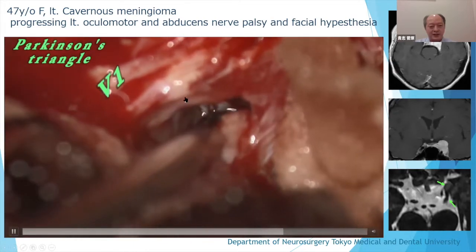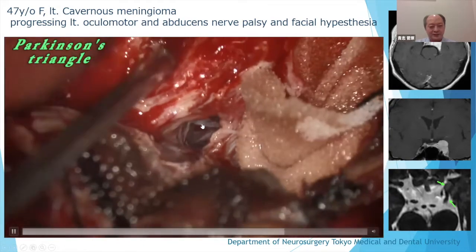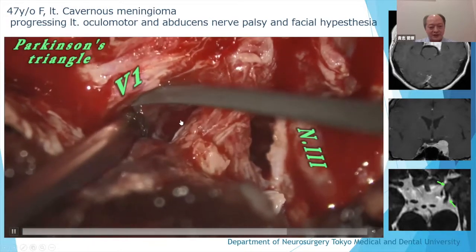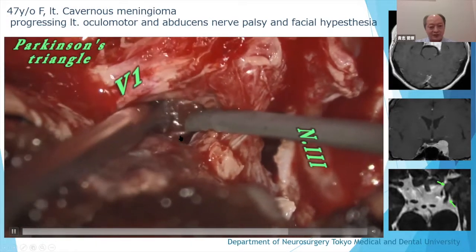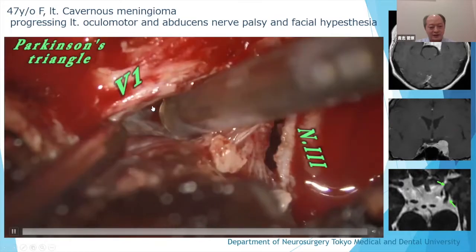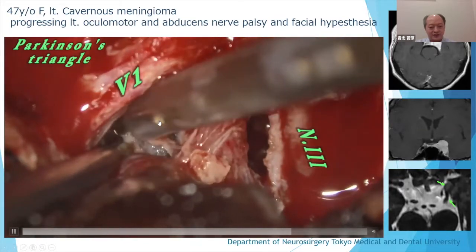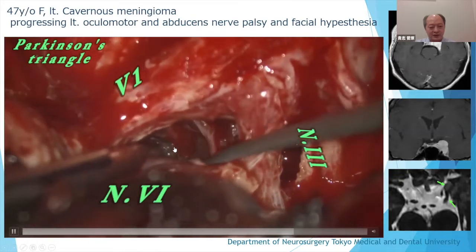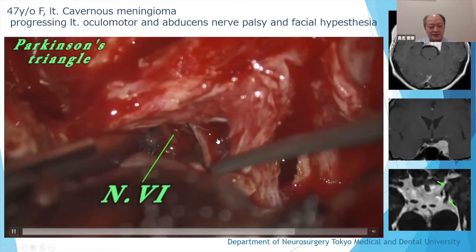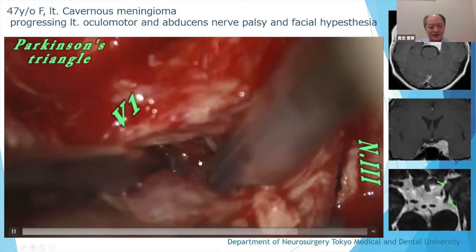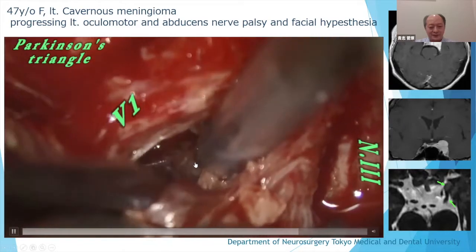Sixth nerve may be here. So gently bring the tumor this way. And here, I found the sixth nerve here. Then further remove gently and softly.